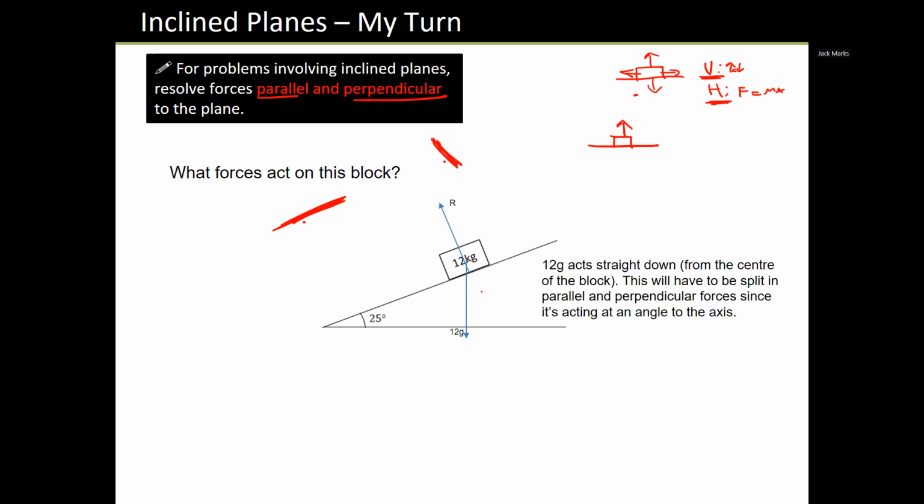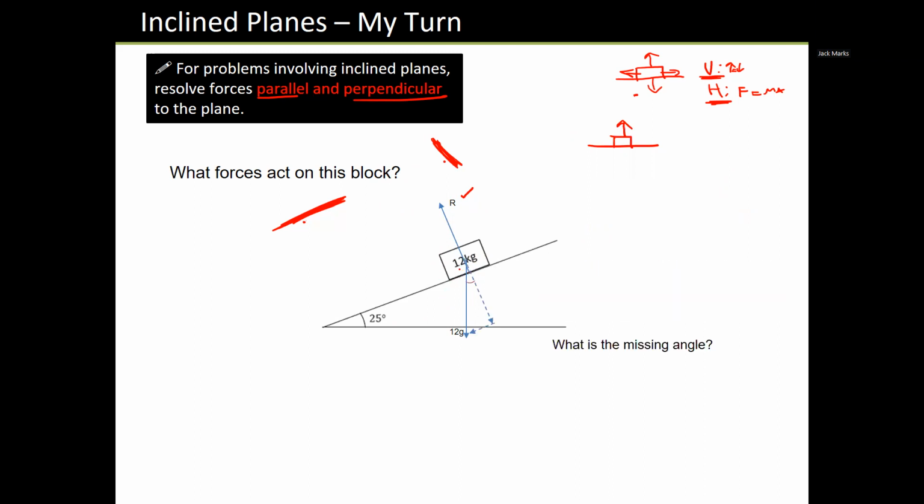Well, weight is going to go just straight down. You might see a problem with this. It's not really matching. The reaction force, we quite like the way that this is drawn. The weight, we're going to have to resolve, and you saw that in the previous lesson. So we're going to make it into parallel and perpendicular components.